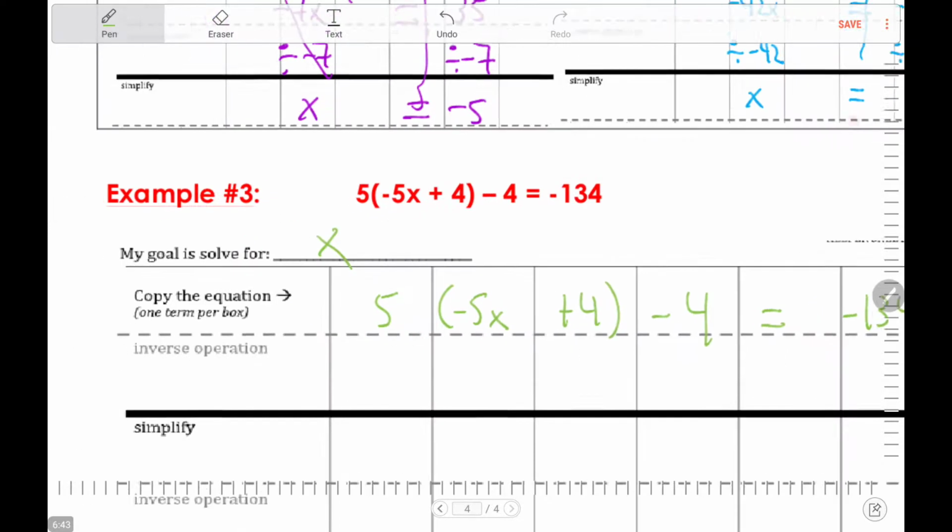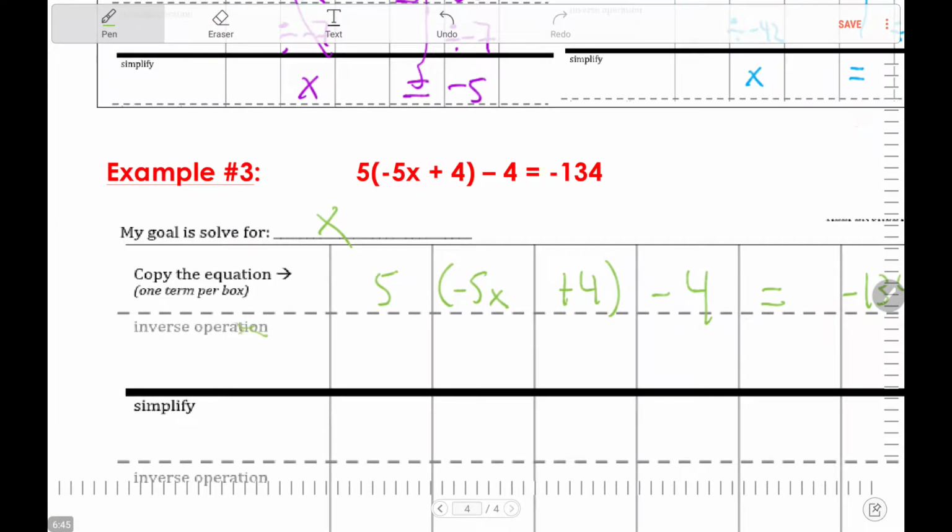Wow. Again, first step. Distribute. Because of these parentheses, that means we're going to see what 5 times negative 5x is, and we're going to see what 5 times 4 is. So I'm going to write that, 5 times negative 5x, 5 times 4.